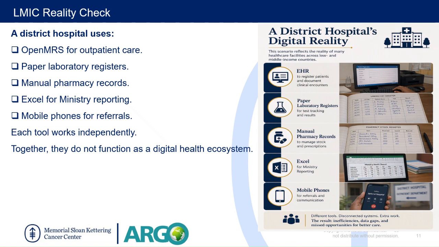However, when we examine how information moves through the hospital, we discover that the individual systems largely operate as silos in isolation. So the challenge is not simply the absence of technology. We have OpenMRS, we have the Excel, we have mobile referrals. So it's not the absence of technology, it is the absence of an integrated architecture.